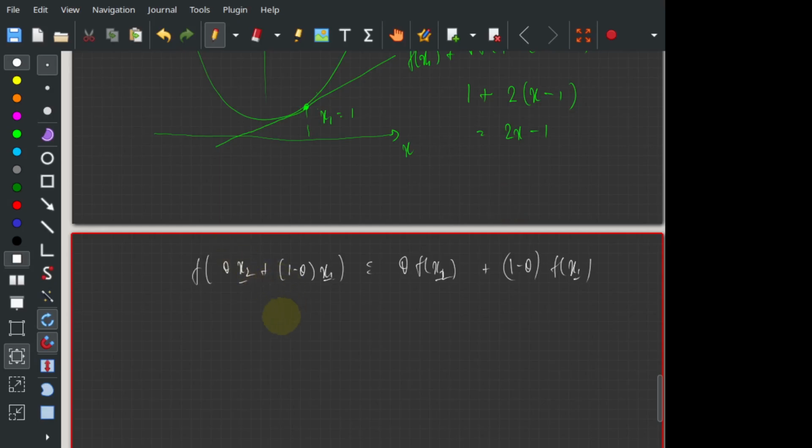What do we get? What do you have on the right hand side?